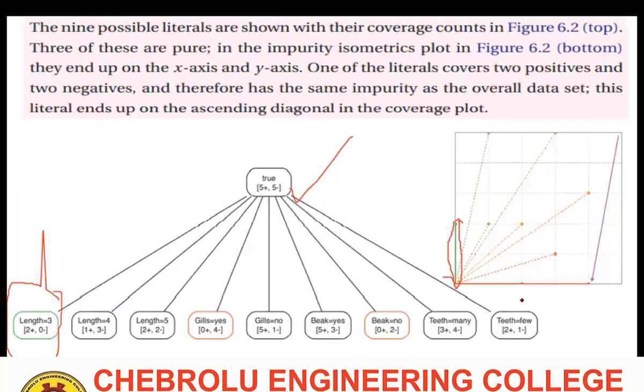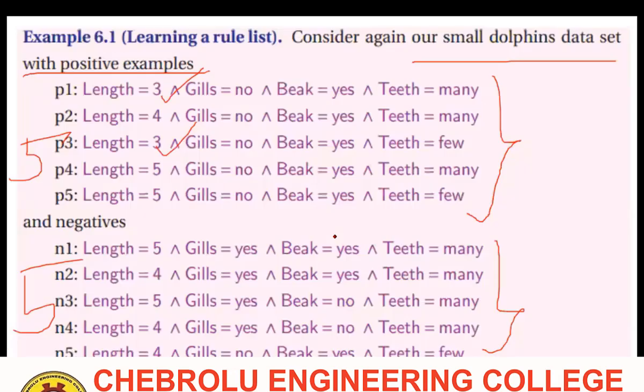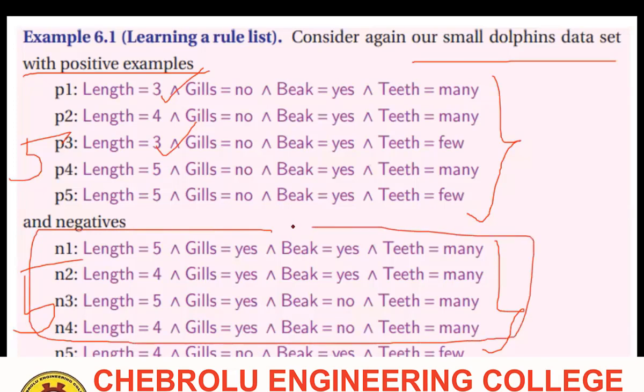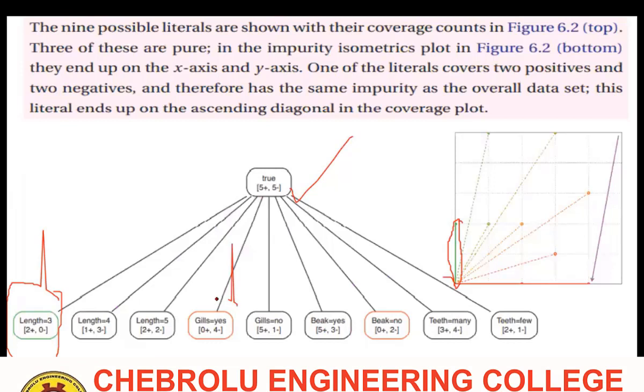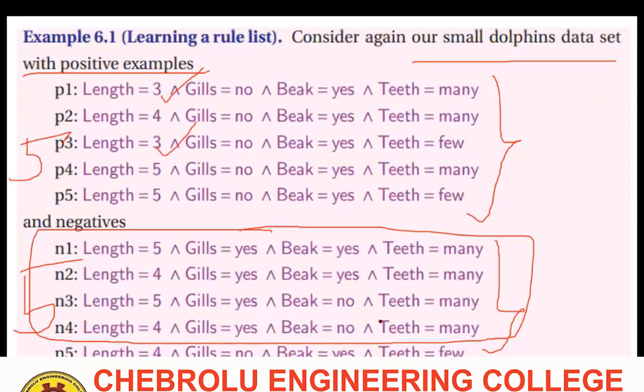Similarly, gills is equal to yes covers all these negatives, and there is no positive in this. That is why it is shown as pure negative. Similarly, if you say bake is equal to no, it also comes under pure negative.